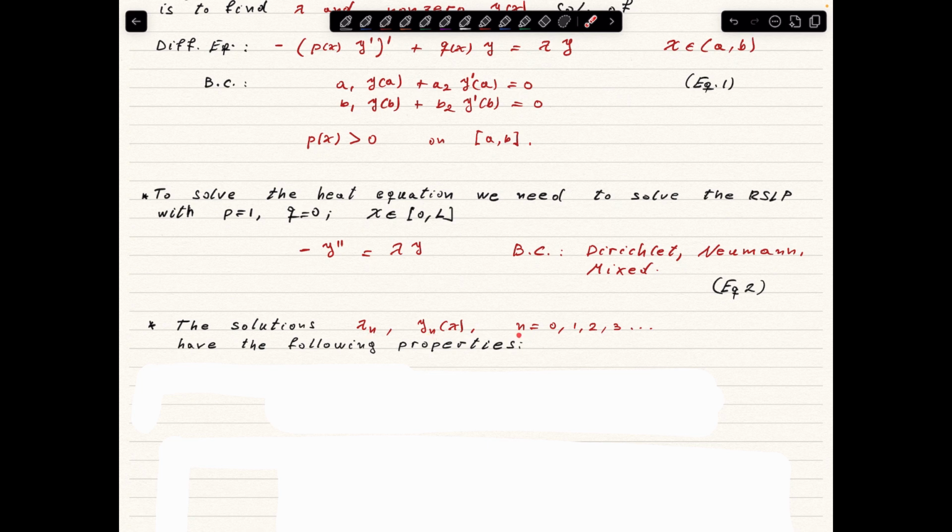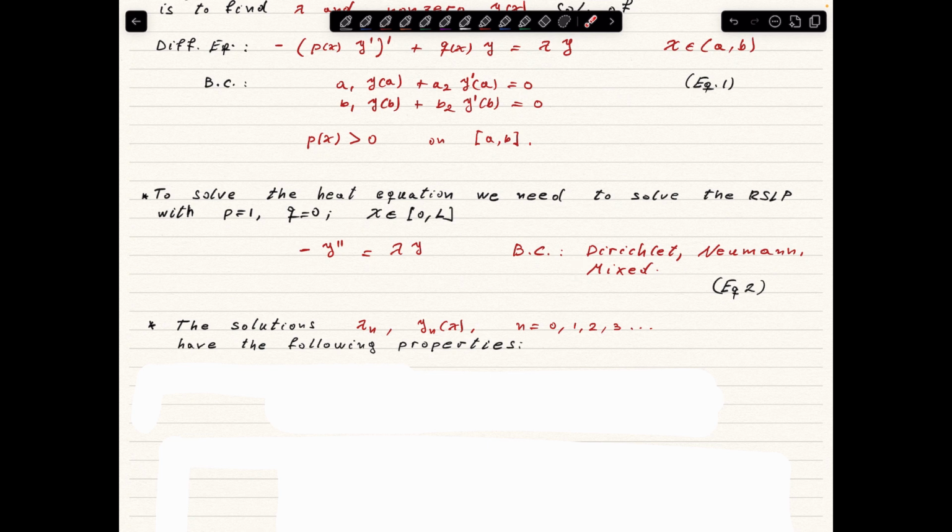We can start with n equals 0, 1, 2, 3, and this is what we do for the Neumann problem. But for Dirichlet and mixed problems, we choose to label starting at 1, 1, 2, 3. So not always are we going to start at 0, depending on which type of eigenfunctions we are talking about.